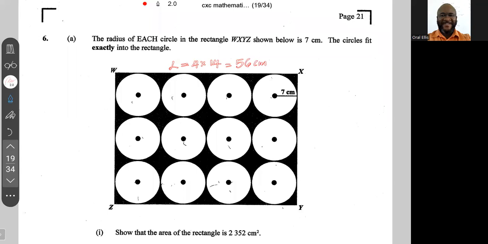Now the width of the rectangle is equal to 3 diameters. So this is 3 times 14. The width is 42 centimeters.